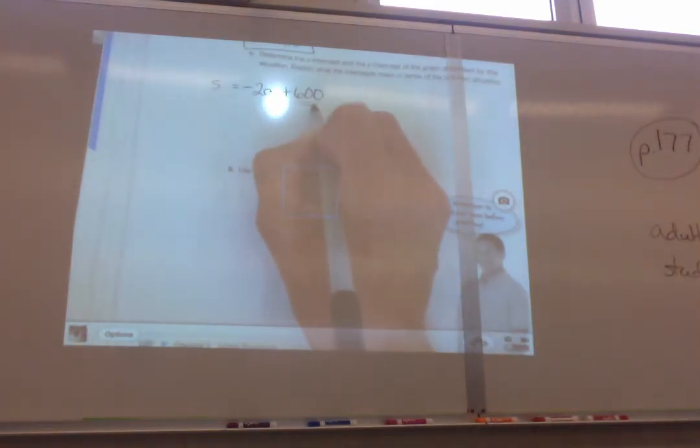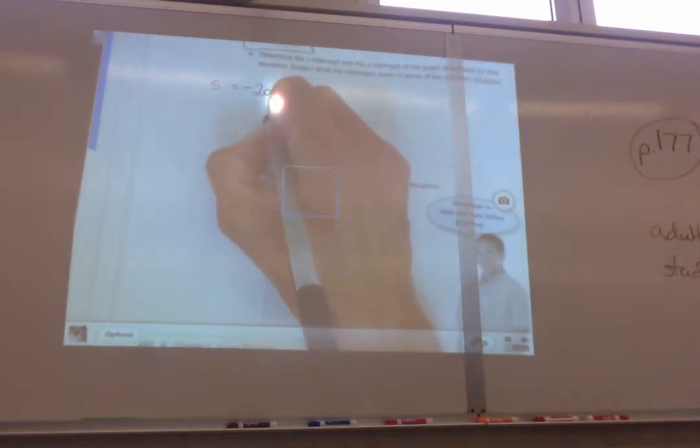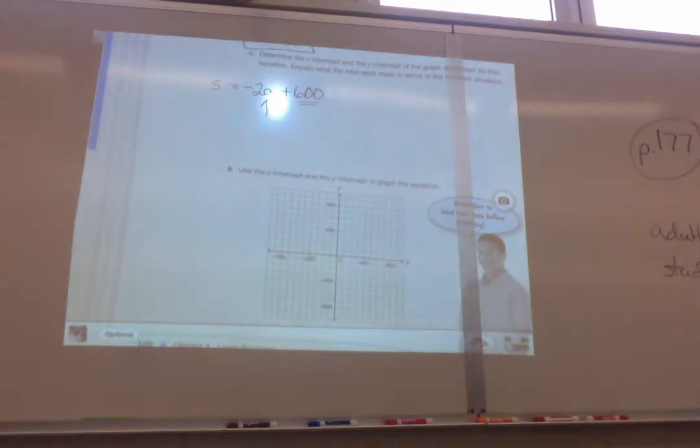The y-intercept is 600. Okay, but look at what this guy is saying over here in our little box. Last time they labeled the axes for us. This time we have to label them. But wait a minute. What letter is that?